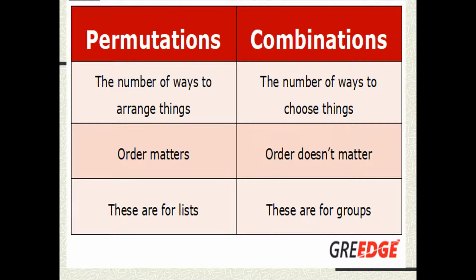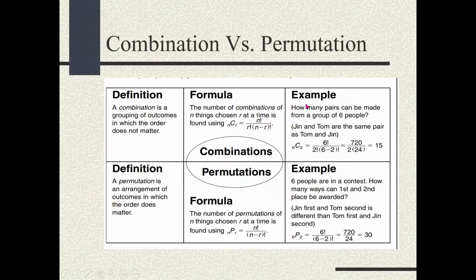Okay, so to further differentiate the two, permutation is the number of ways to arrange things, and combination is the number of ways to choose things. Generally in permutation we are interested in how to arrange, for example the permutation key lock example, whereas in combination we are generally interested in choosing things, for example making a pair rather than arranging a pair, like in this example, in how many ways a pair could be made.